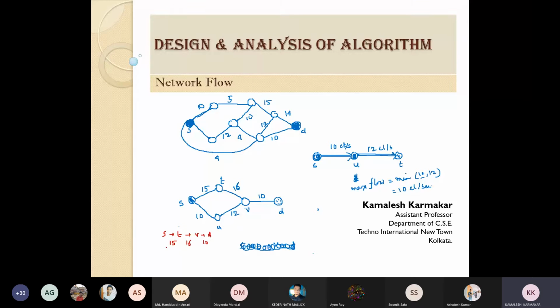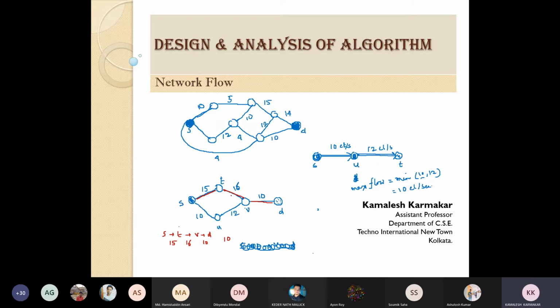What can be the maximum flow through this path? 10. So maximum flow through this path can be 10.